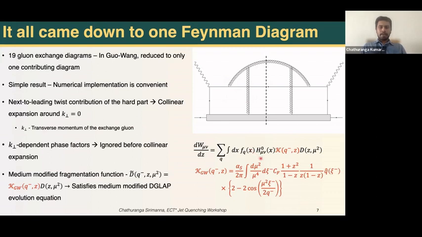The medium modified kernel can be given by this equation. And numerical implementation of this equation is convenient, and the medium modified fragmentation function is the product of medium modified kernel and the vacuum fragmentation function, which satisfies the medium modified DGLAP evolution equation.